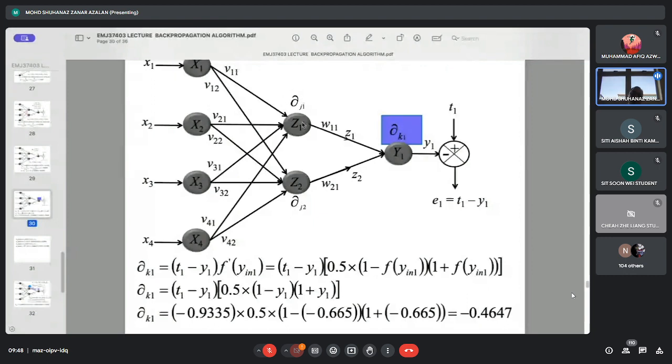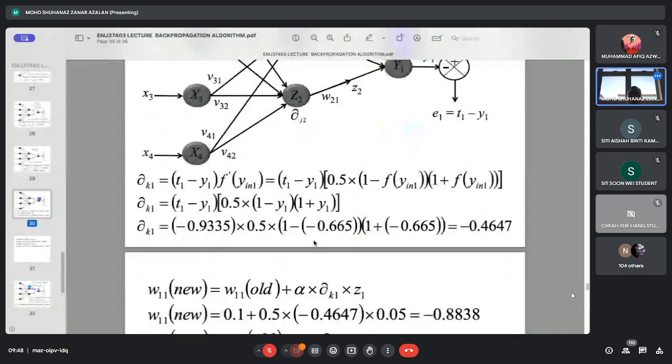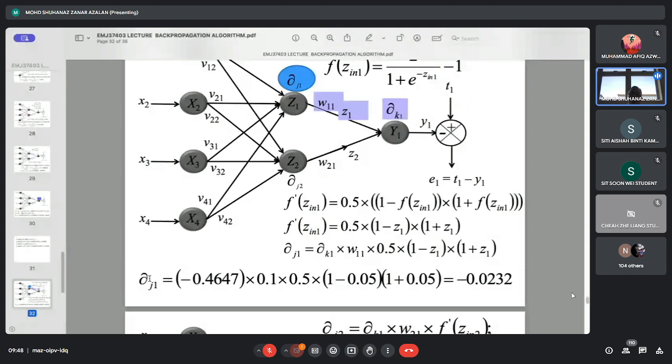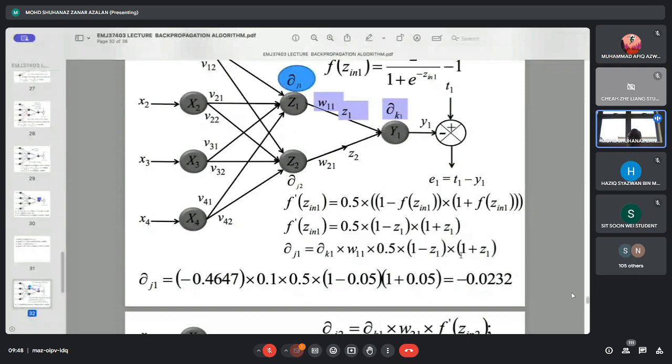So we need delta J1 and delta J2. Delta J1 here equals delta K times W11 times 0.5 times (1 minus Z1) times (1 plus Z1).